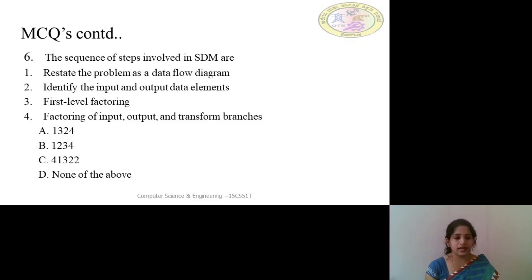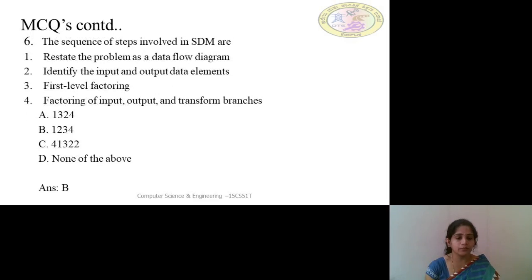We know this is the right sequence, so option B, 1 2 3 4. We have to restate the problem, identify the input and the output modules, do the first level factoring, and again, since it is high level, factor the input, output and the transform branches. So the best suitable answer here is B, 1 2 3 4.